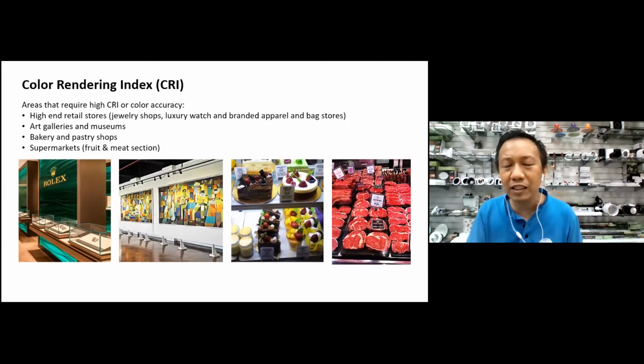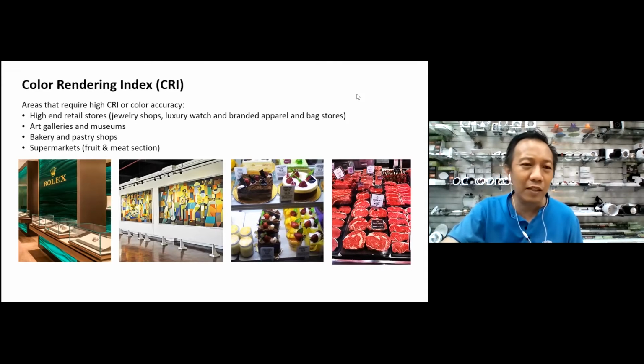Art galleries and museums, of course, you deal with colors, paint. You want to appreciate yung true intention ng artist. Another one sa bakery and pastry shops. So gusto mo appealing, yung mga colors ng mga chocolates mo, strawberries, nagpa-pop out. Supermarket, fruit and meat section.